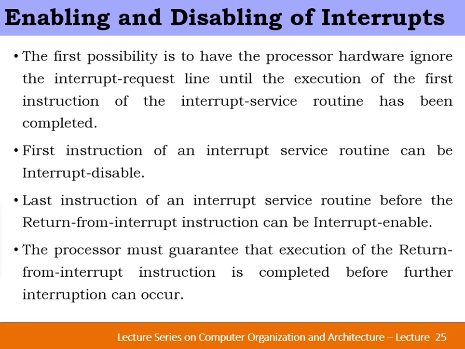So enabling interrupts, executing an interrupt enable, means the processor is going to recognize the interrupt request line. The processor must guarantee that the execution of the return from interrupt instruction is completed before further interruption can occur.